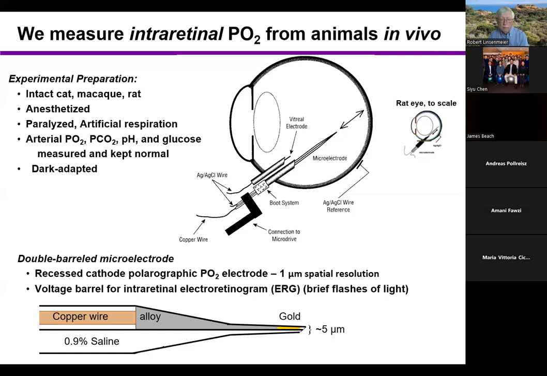And we have basically 1 micron spatial resolution with this electrode. They're also very fast. The other barrel of the electrode measures the electroretinogram so that when we put these inside the retina, we can verify the position because we know how the electroretinogram changes with depth in the retina.